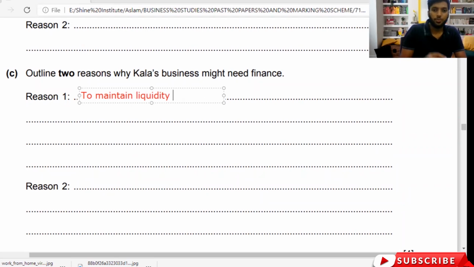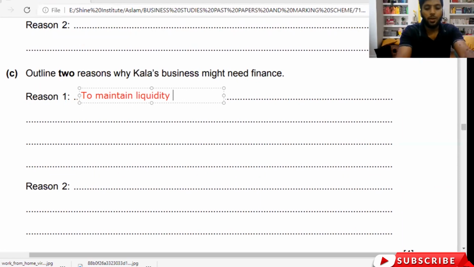Why is it important? Because if you do not have enough money to run the business day to day, you will go through problems like not being able to pay the suppliers on time, or buy the goods and inventories on time. So many problems will arise, and this shortage can even cost you the business reputation.